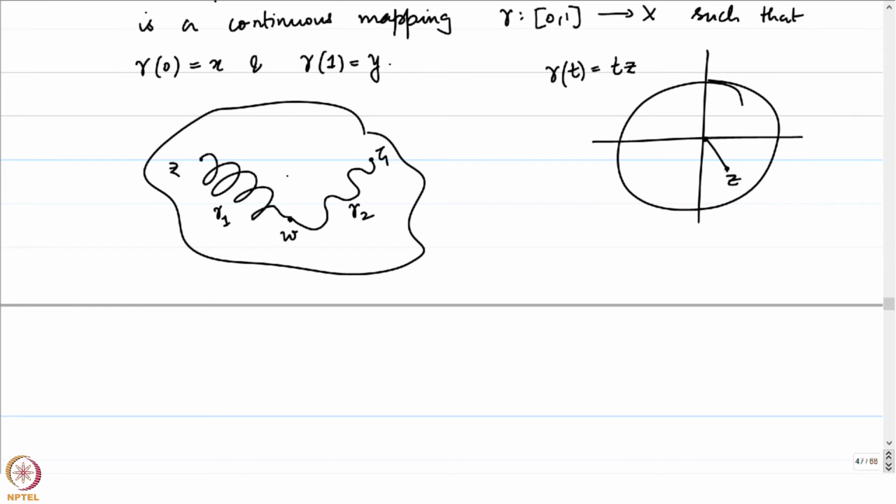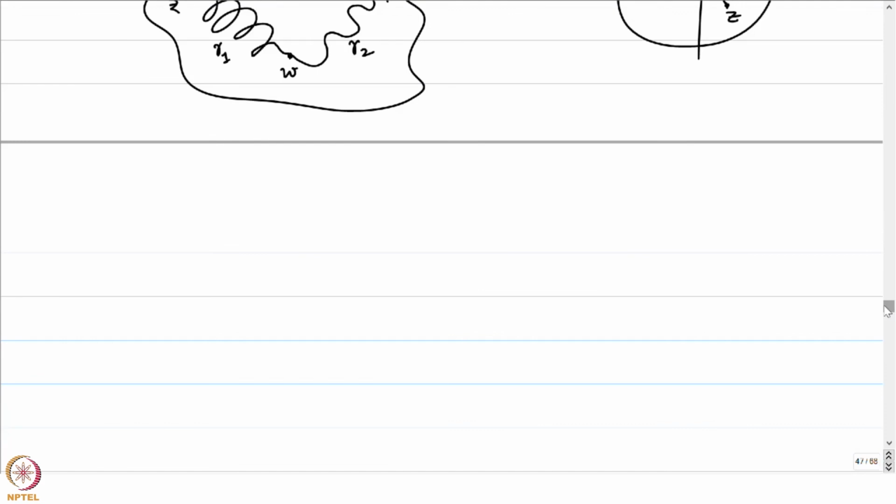Even though I just said something which is sounding heuristic, it can be made precise, and this is what is commonly captured by concatenating two paths.